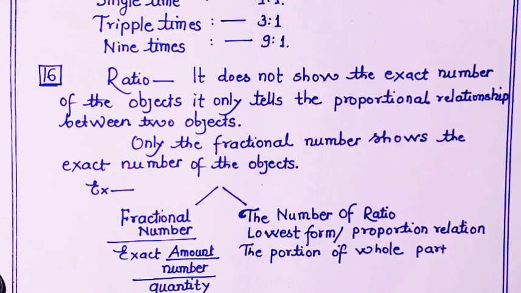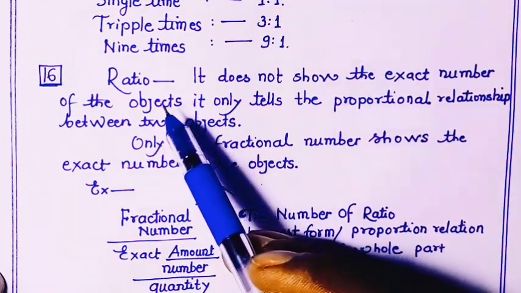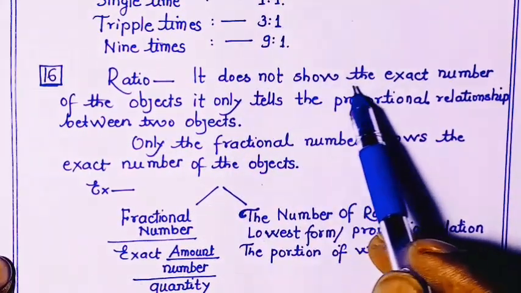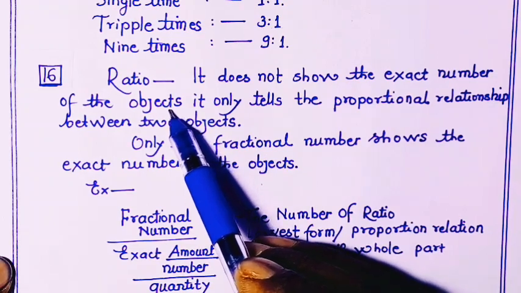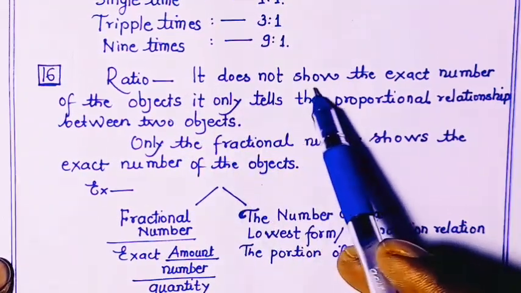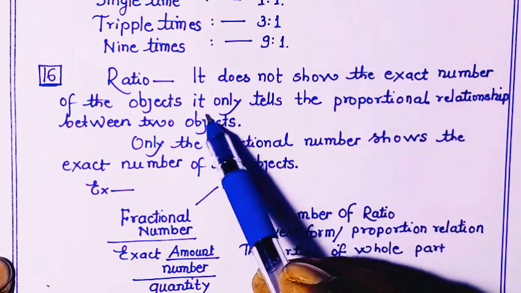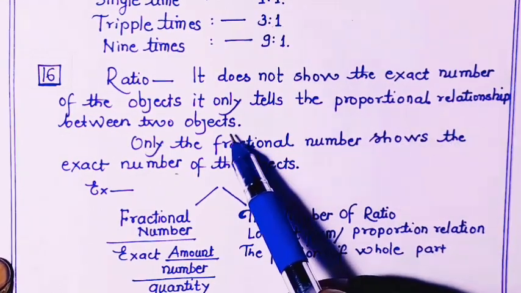Now the next new number is 16. You can see about ratio, it has been said it does not show the exact number of the objects. The number of ratio does not show the exact number of the objects. It only tells the proportional relationship between two objects.